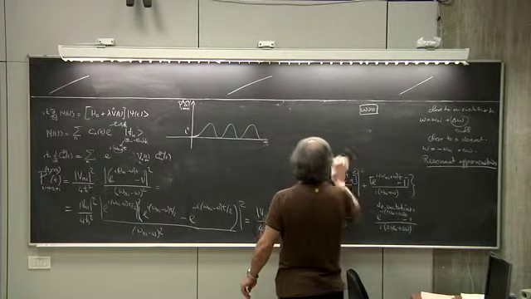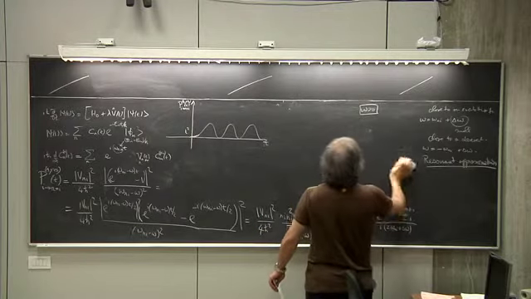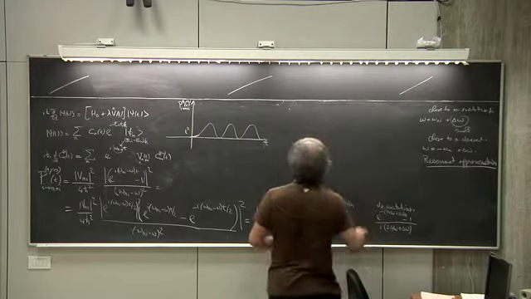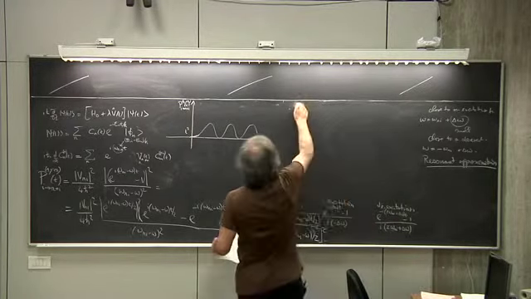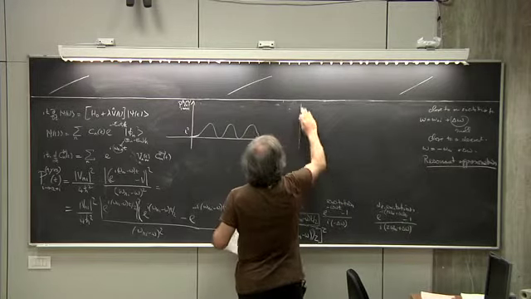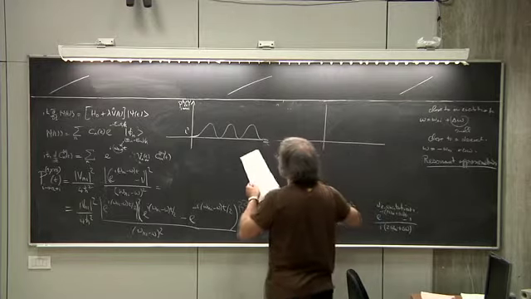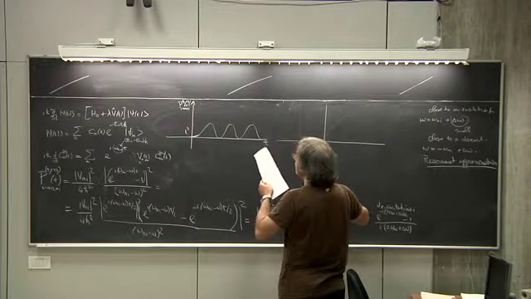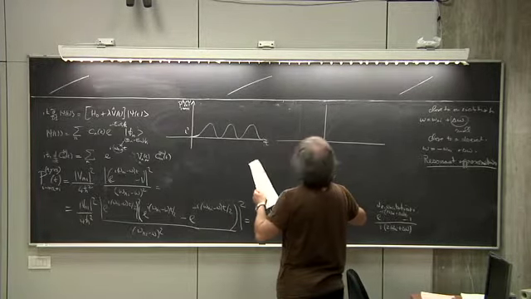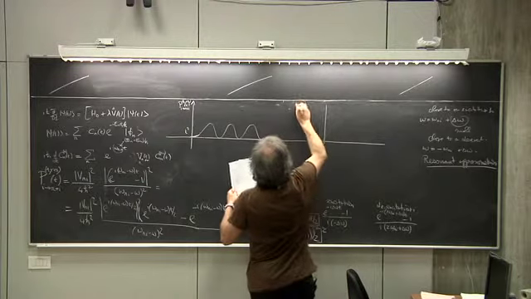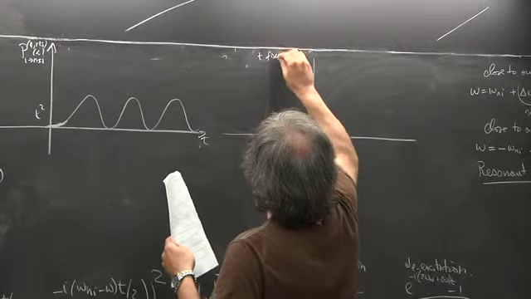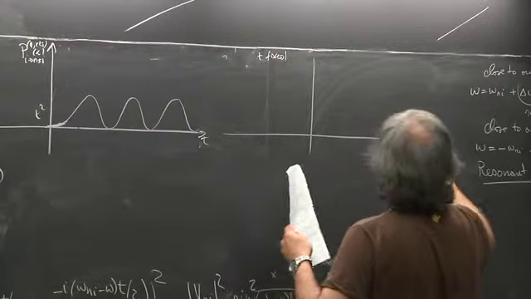So let us also look at that. So now, different thing. For a fixed time, I look at this thing as a function of omega, okay? So t fixed, and now as a function of omega.